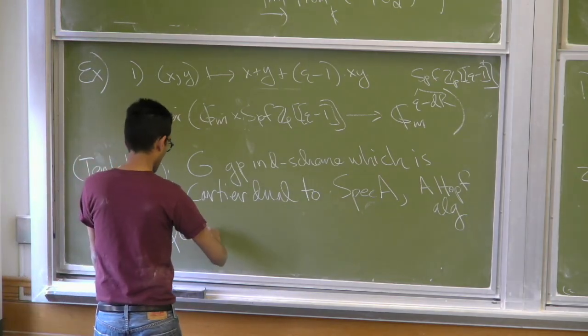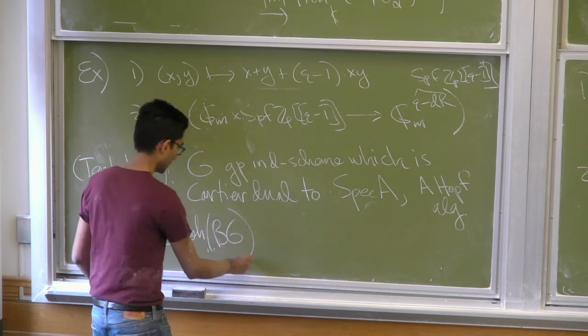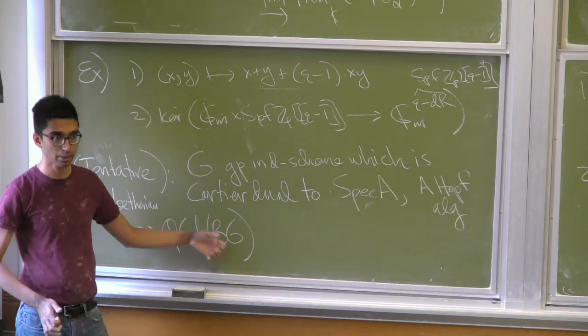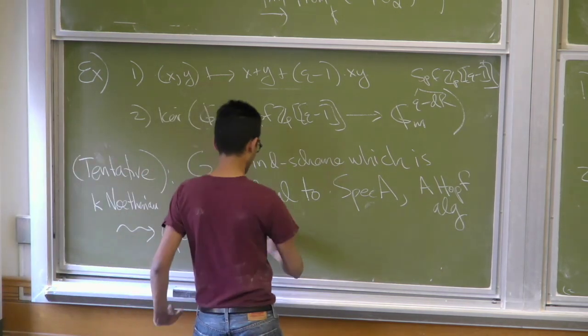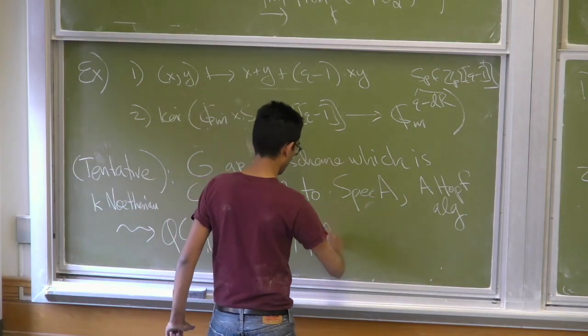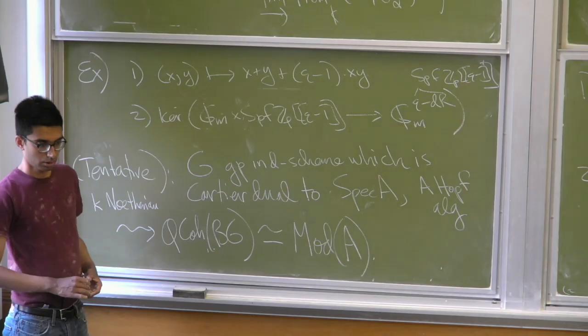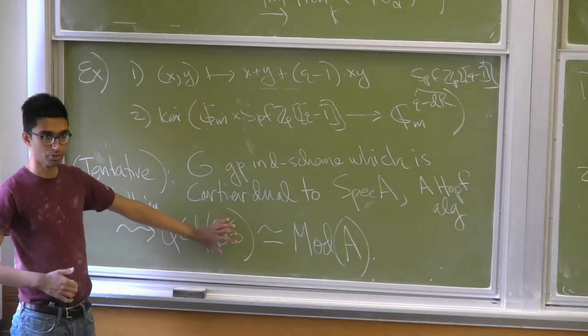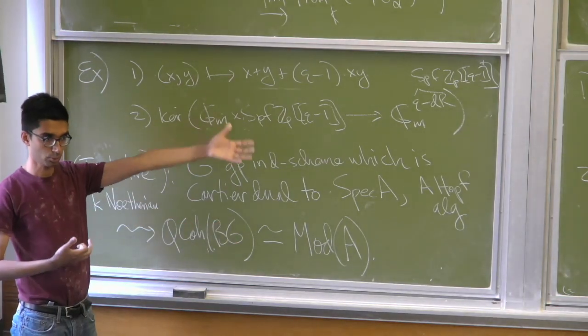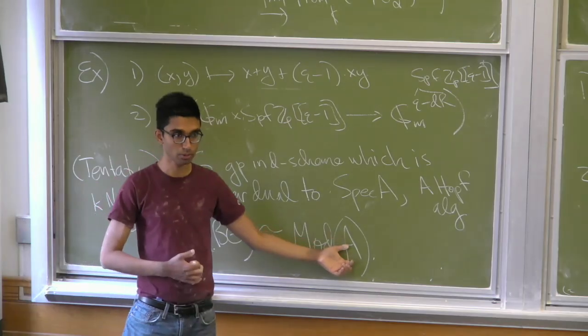We can form BG as a stack, and we can form QCoh of BG. The statement is that that's the same as modules over A. So in particular, this is saying that representations of these group ind-schemes are the same as modules over A.